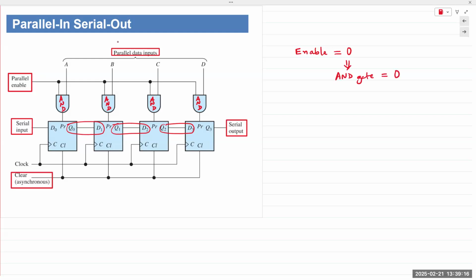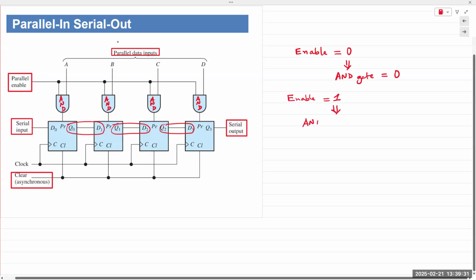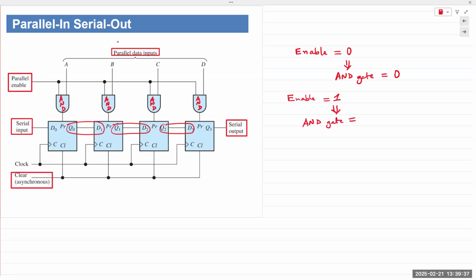What if the enable pin is high? Meaning enable is equal to 1. The AND gate output would be equal to whatever data inputs you provide. If your data input is 0, the AND gate output is 0. If your data input is 1, your AND gate output is equal to 1.